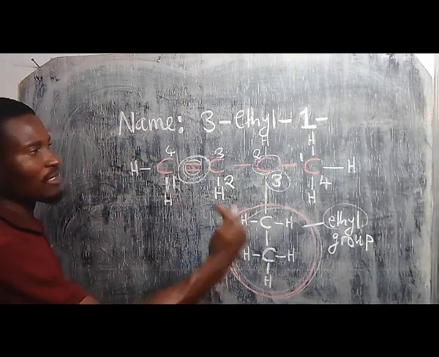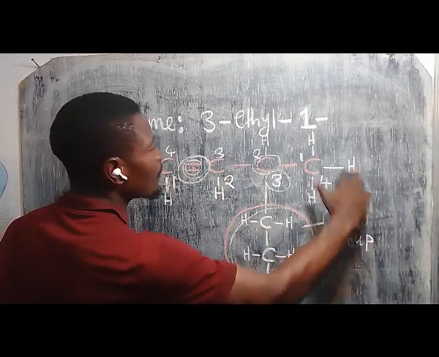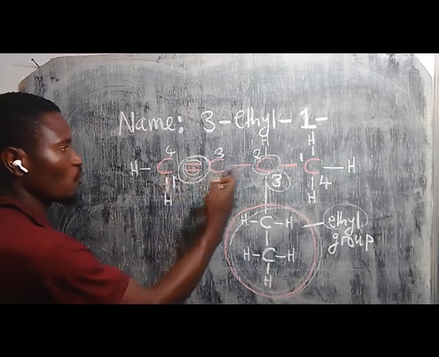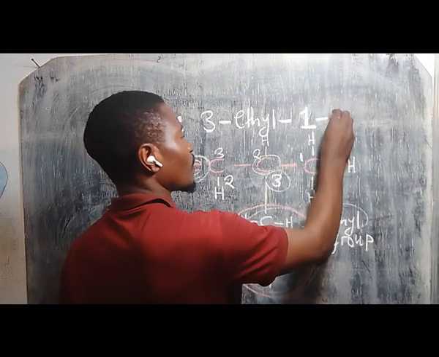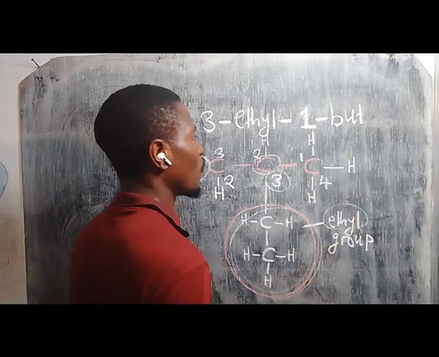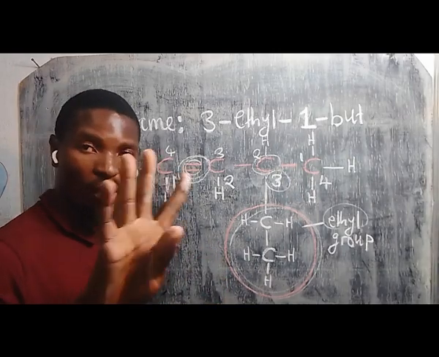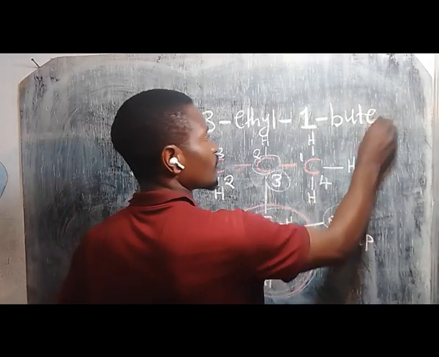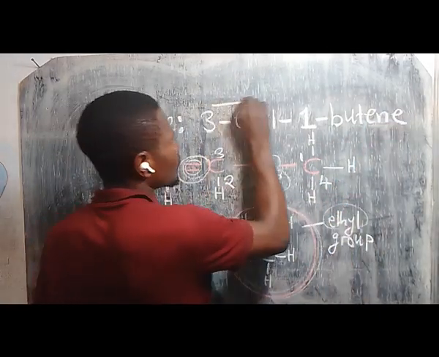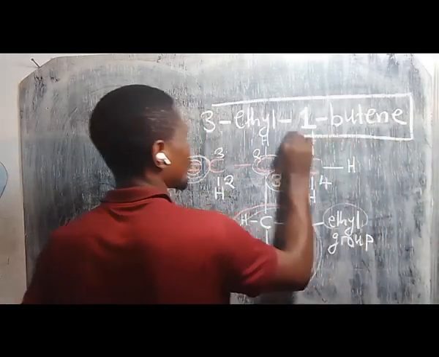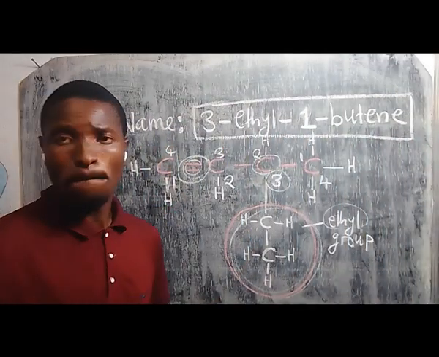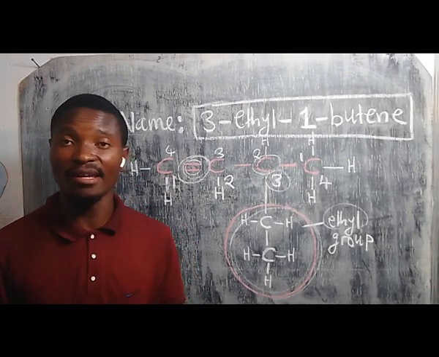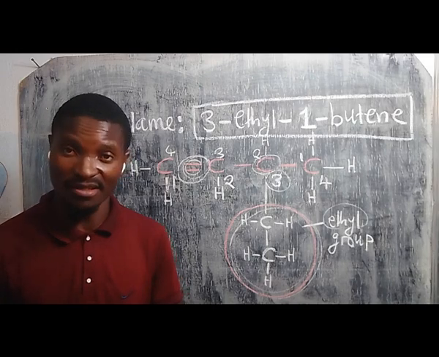Then you count the number of carbons in the unbranched hydrocarbon: 1, 2, 3, 4. The hydrocarbon with 4 carbons is called butane. And now that gives us the name of this structural isomer in alkenes.